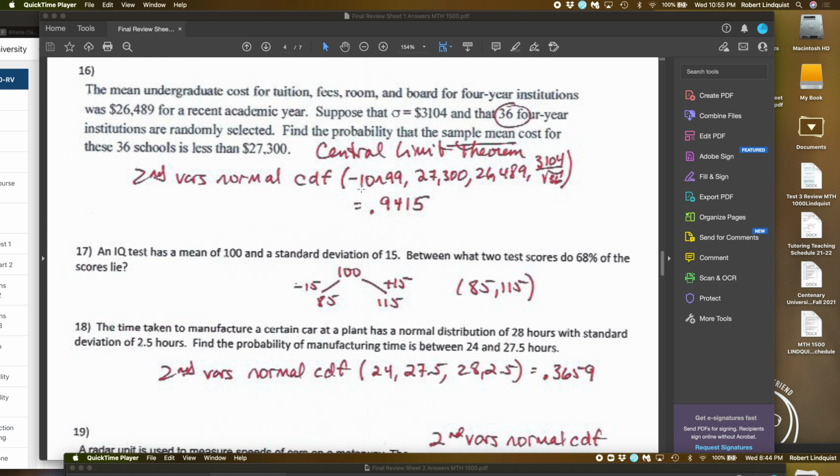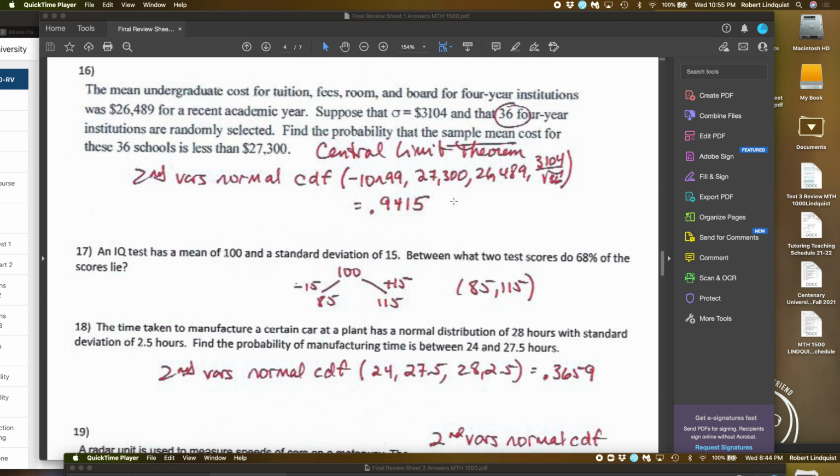You go from negative 10 to the 99th for the lower end up until 27,300 because you want to be less than 27,300. The mean is 26,489. And as far as the standard deviation goes, we want the SE here, so it's 3104 divided by the square root of 36. We crunch those numbers, we get 0.9415.